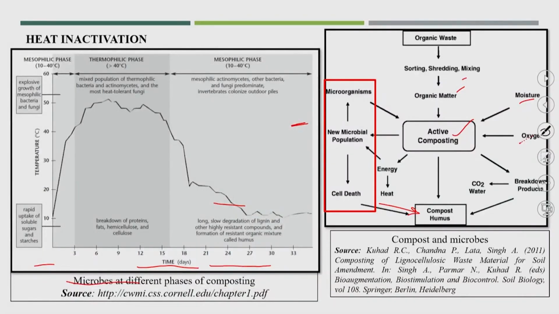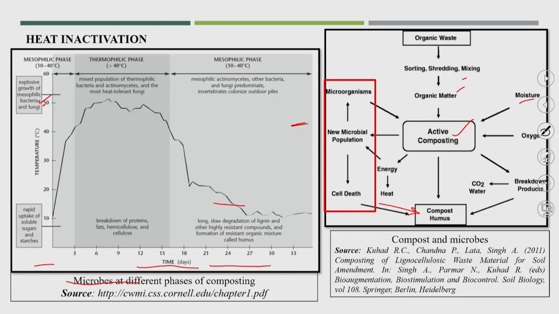Okay. Now, this graph is showing the three different phases of the composting process: mesophilic phase, thermophilic phase and finally again mesophilic phase. Now, here you see that in the mesophilic phase, 10 to 40 or 45 degree centigrade, the mesophilic bacteria are the major ones working here for the degradation process.